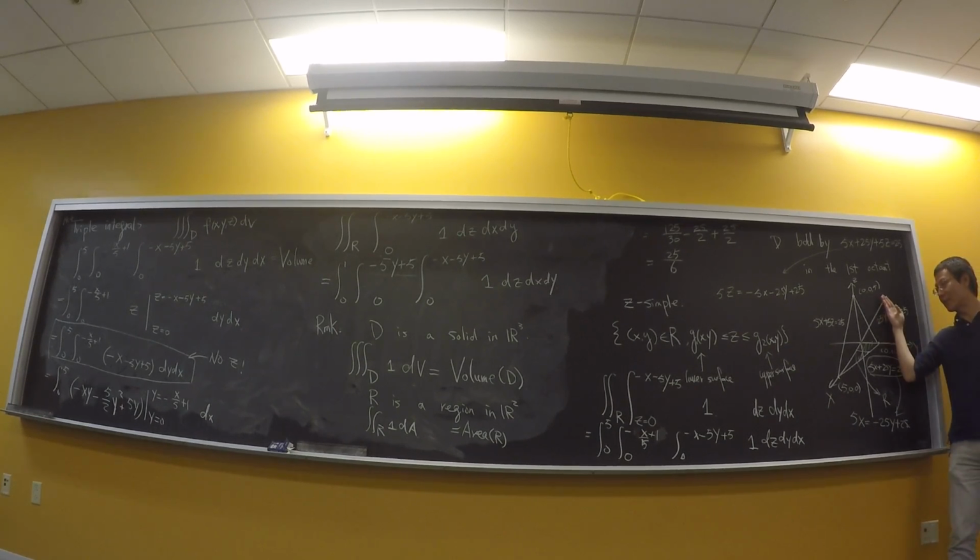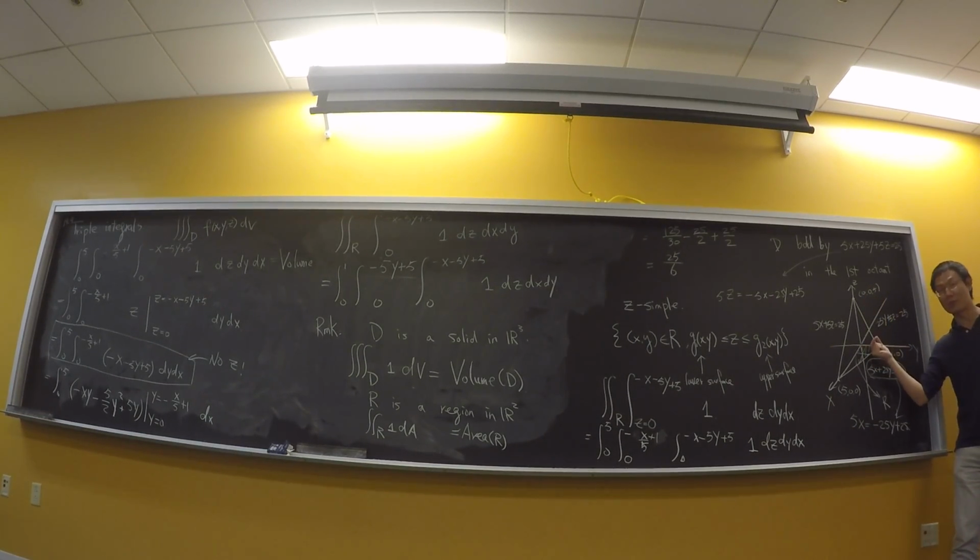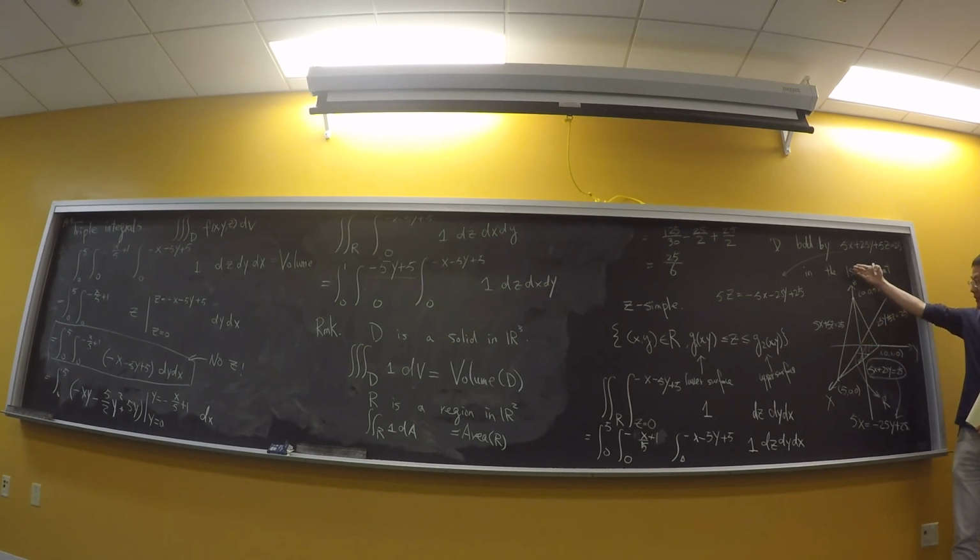If I'm looking at this region in three-dimensional space, in the x direction it is bounded by the surface lying on the yz plane. Are you with me? It is bounded by the yz plane right here, and bounded by the plane defined by this equation. So in the x direction, you cannot go smaller than 0, which is bounded by the yz plane, and as large as the points lying on this plane.